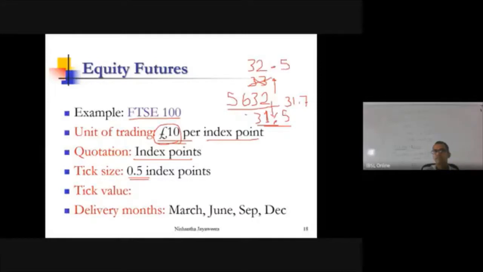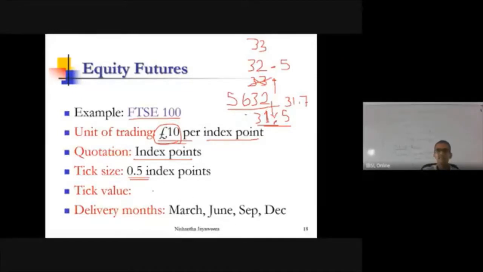This is the minimum movement allowed. It can also go to 31 straight away. It can happen from 32 to 33, but it cannot have a value in between these two figures, or 32.5 to 33.